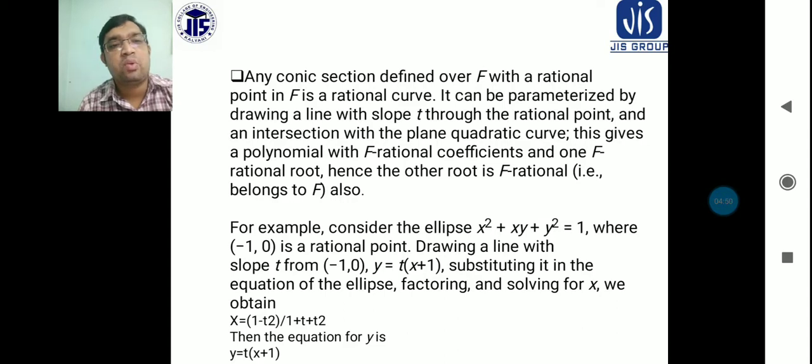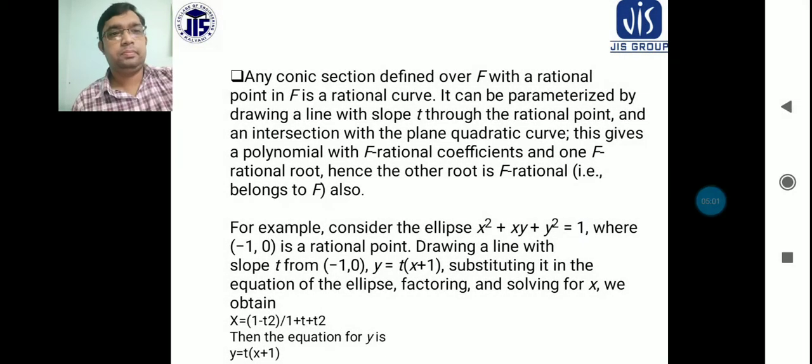Then the equation for y is given by y equals t times (x plus 1).